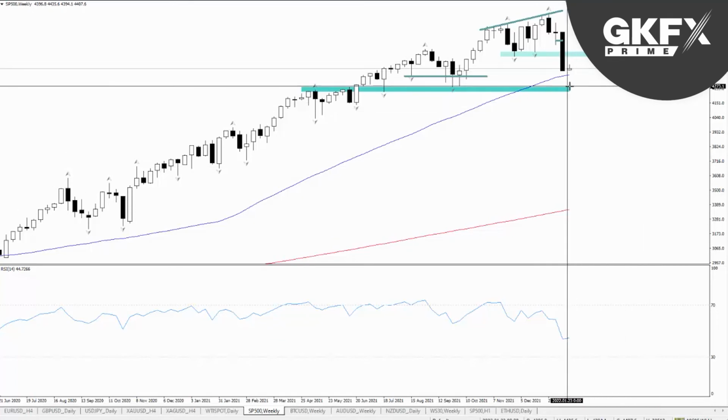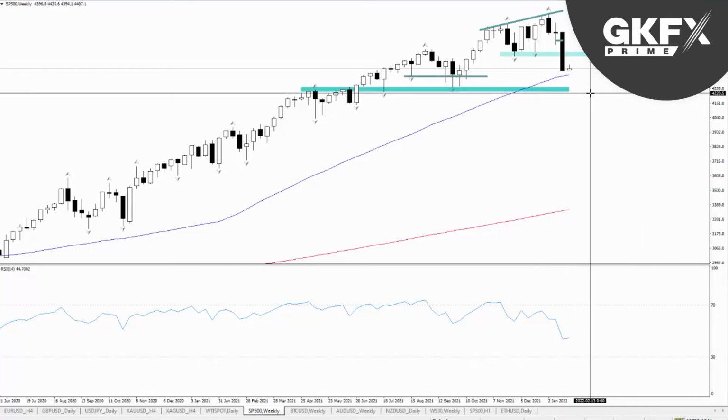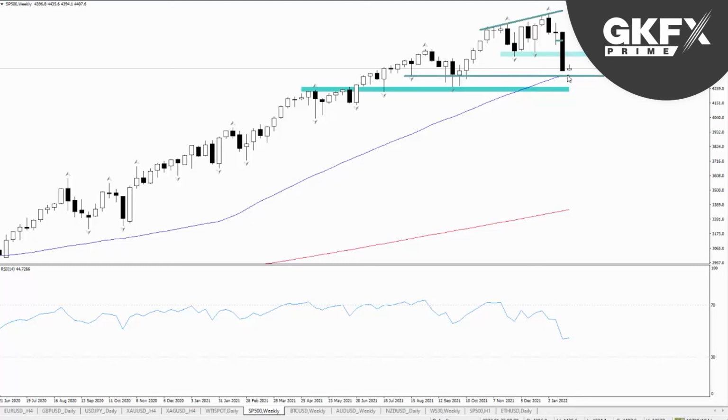So some people will be tempted to buy this dip, and we're actually even coming down to this previous technical support. So that being the case, you're either buying the dip going into this Fed meeting, or you're looking at this low that we've just broken down and taking the point that I've just made, that we took out this fractal, and that was support, but now in theory it should be resistance, right?